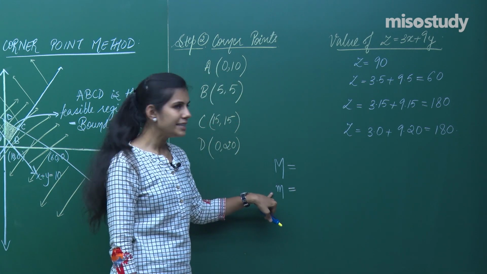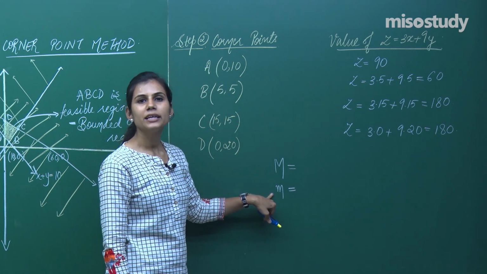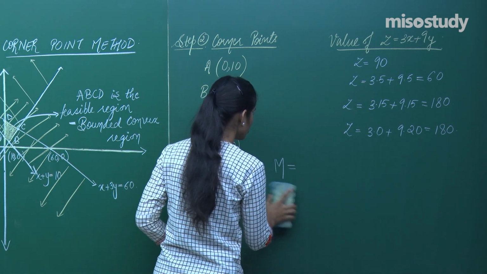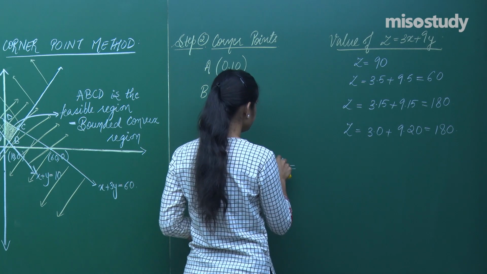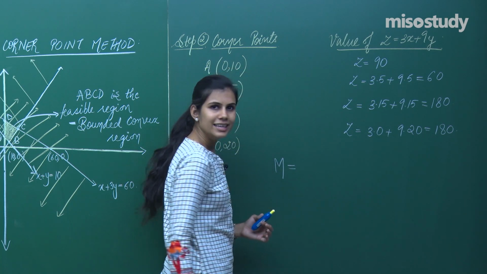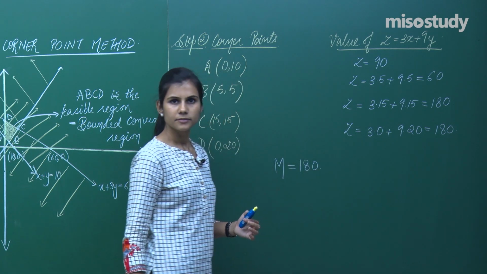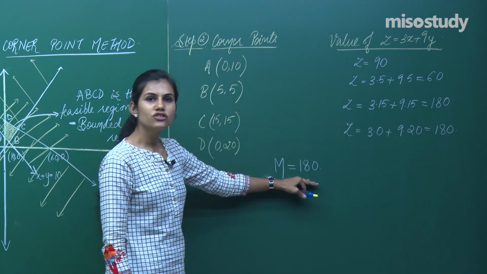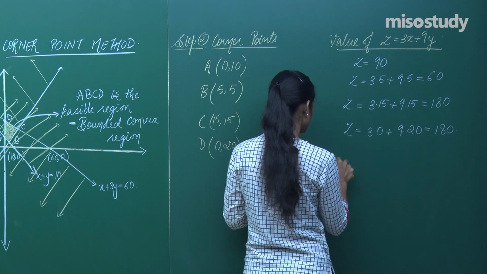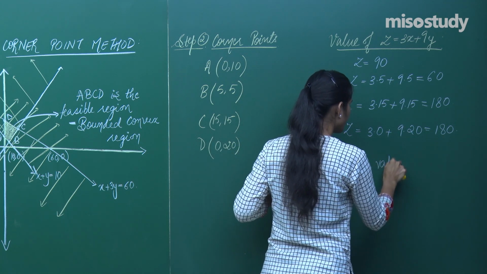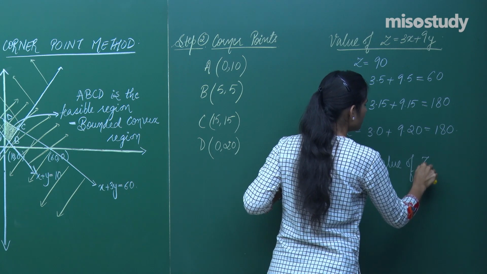But right now we don't need small m because we are being asked to get the maximum value of z, so we only are required to talk about capital M. Clear? Capital M is what? 180. When the region is bounded, this is the largest value of the objective function.